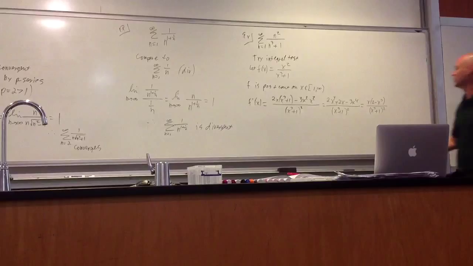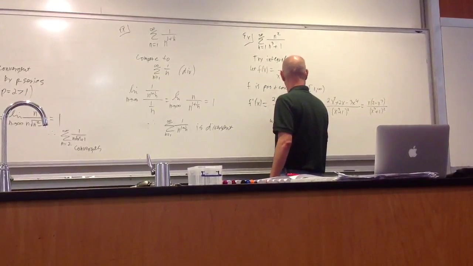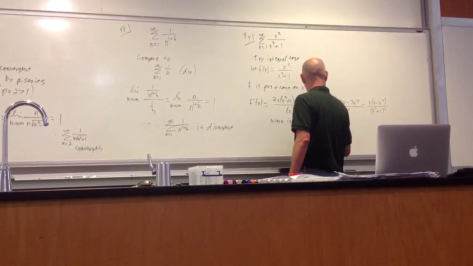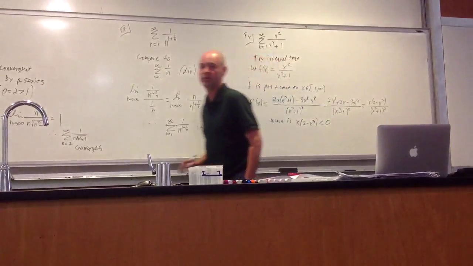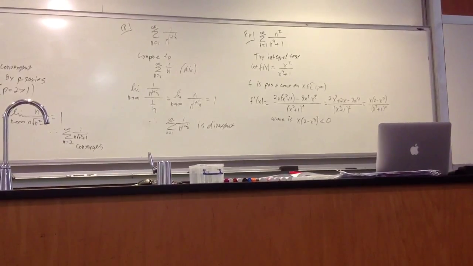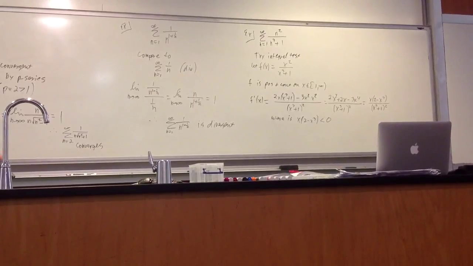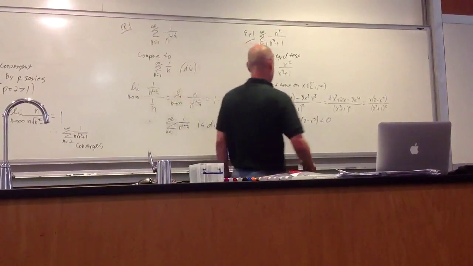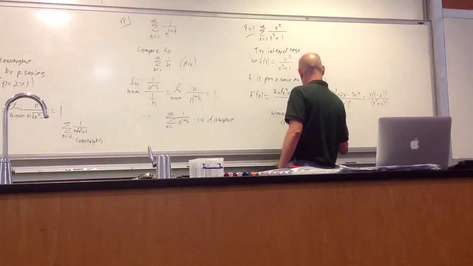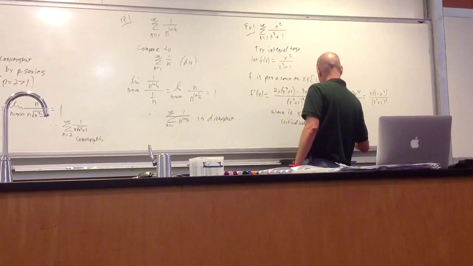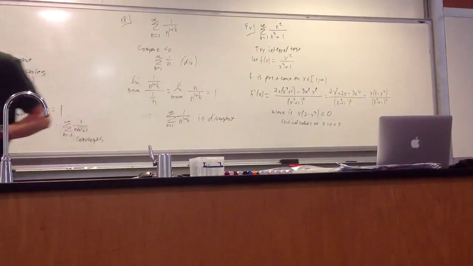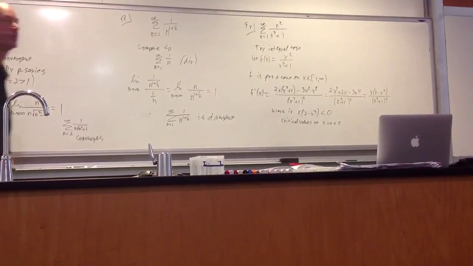So I basically need to know when this is true. This is where you have to compare the different regions in between the critical values and all that.